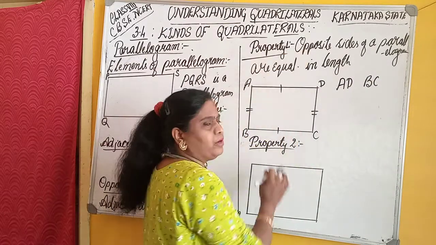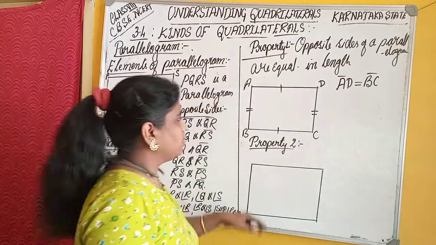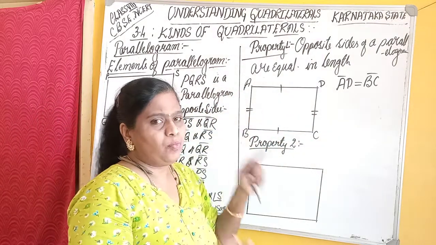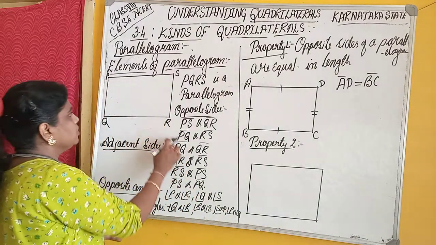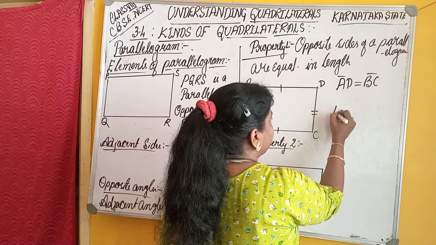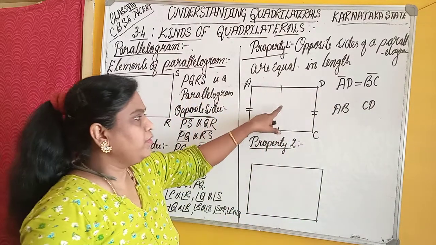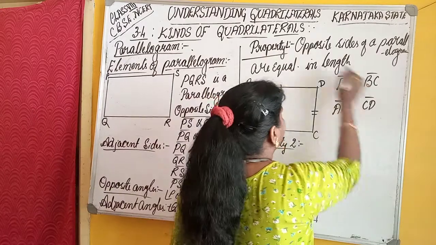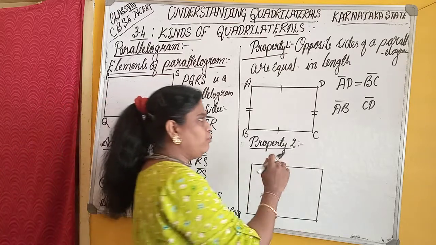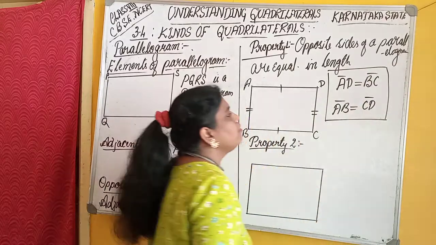Therefore, according to property 1, we can write AD equals BC. Here, consider AB and CD. These two are opposite sides of a parallelogram. Therefore, according to property 1, opposite sides of a parallelogram are equal in length. Therefore AB equals CD. This is property 1.